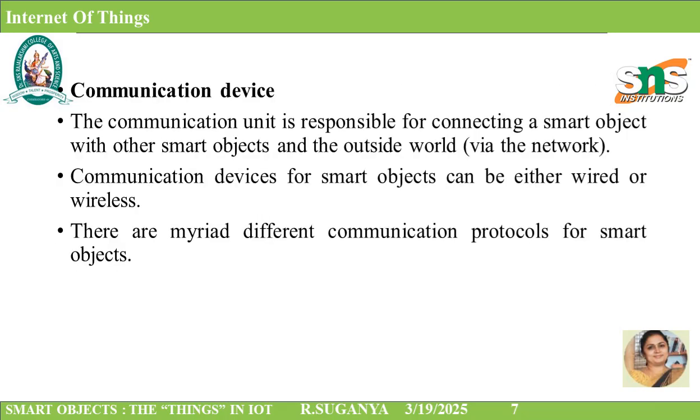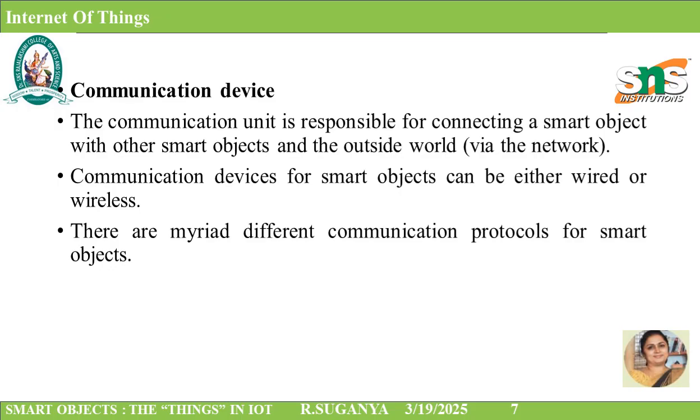What about the communication device? It is responsible for connecting a smart object with other smart objects and the outside world through the network. Today, we know that there are many IoT devices for agriculture, for home devices, for organizations, for airports.